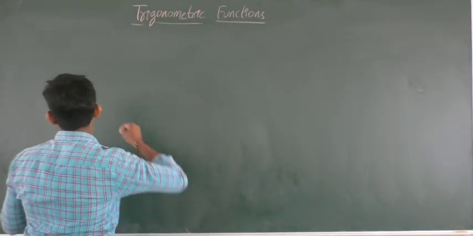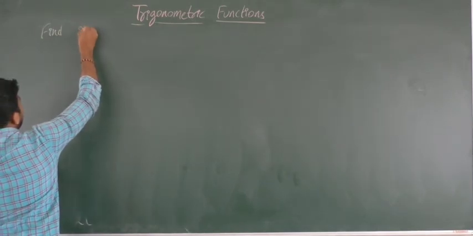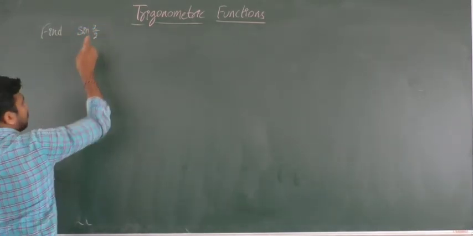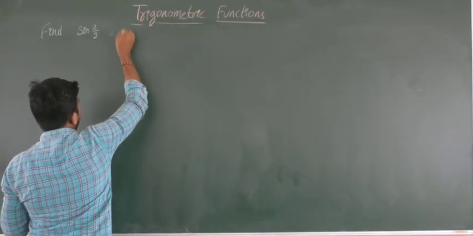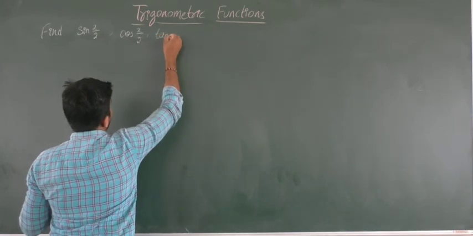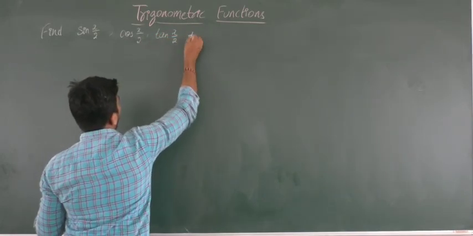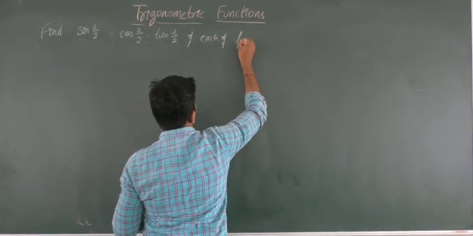Okay, they'll ask to find the trigonometric function of half angle, that is sin x by 2, cos x by 2, tan x by 2, of each of the following.